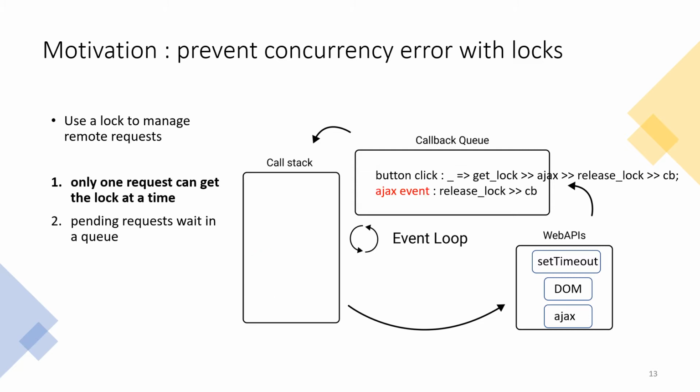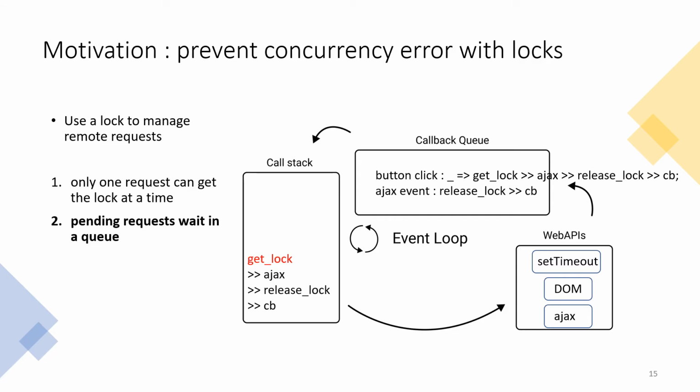After obtaining the lock, a remote request is sent, and the callback handler to the AJAX event is responsible for releasing the lock. After the AJAX event is received, the lock is released so that the next button click can grab the lock.